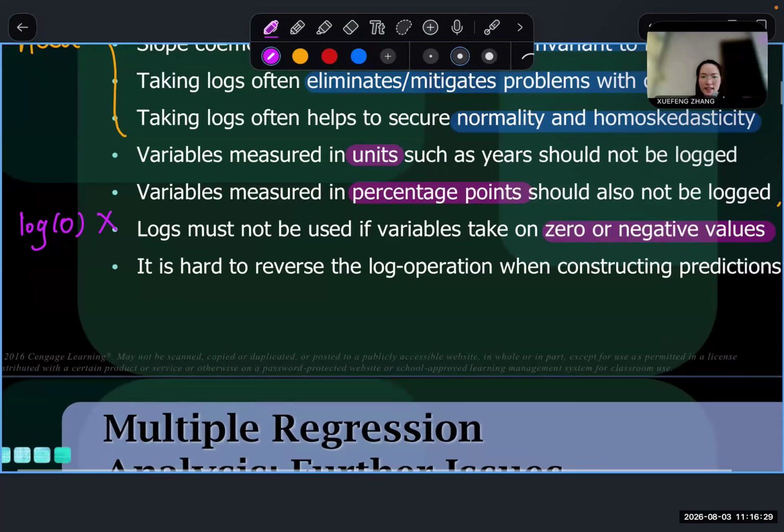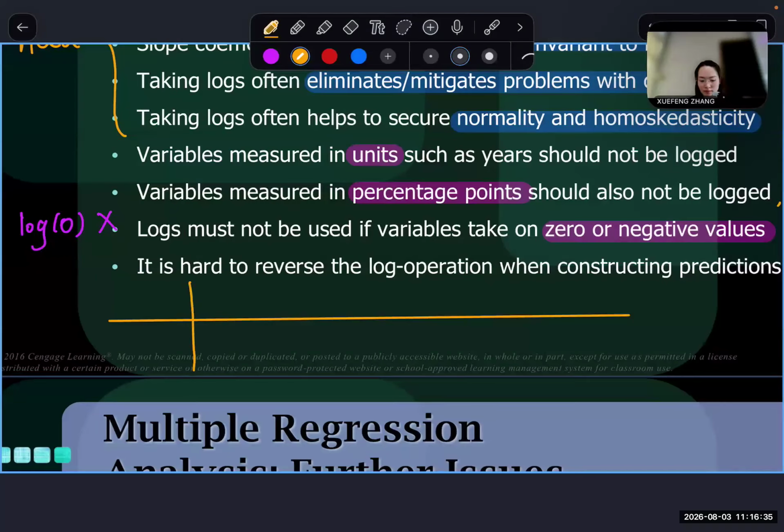So let me show you the summary. Should we log the variable, and when? Yes, we should when it's wages, prices, income, GDP, which are always positively skewed.